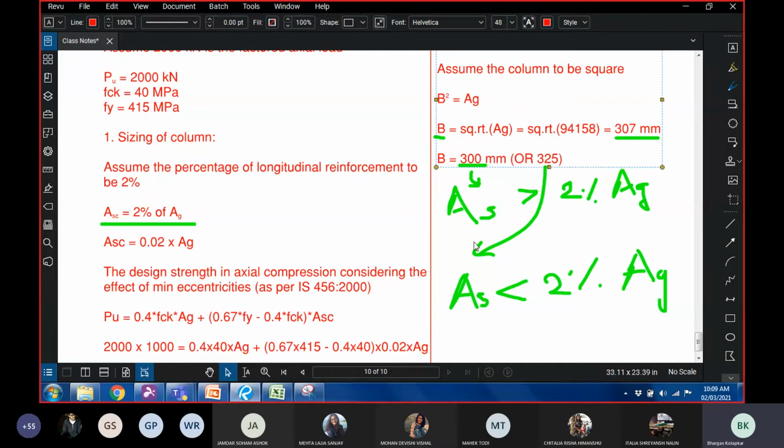If I provide 325, the area of steel that I will actually get, this is an assumption, okay? We have to calculate the area of steel again because this is just an assumption. So if I provide the width as 325, the area of steel would be slightly less than 2%. So do you understand why this happens? Or what does this mean?